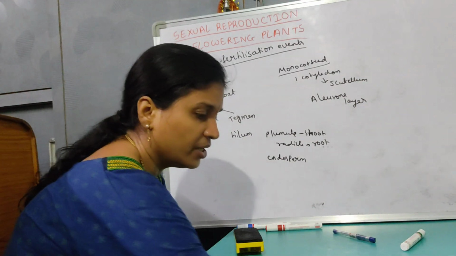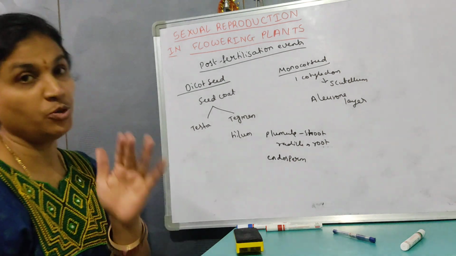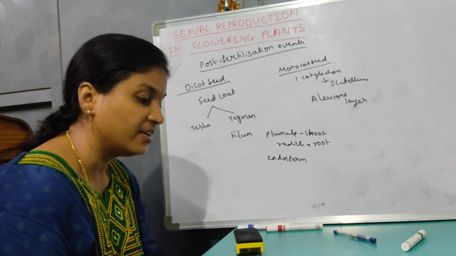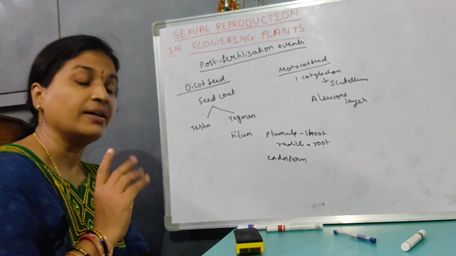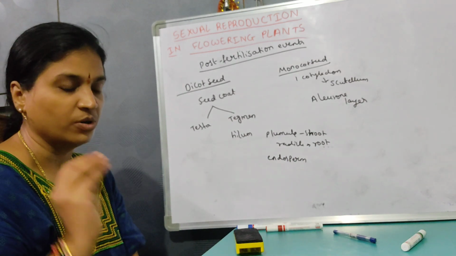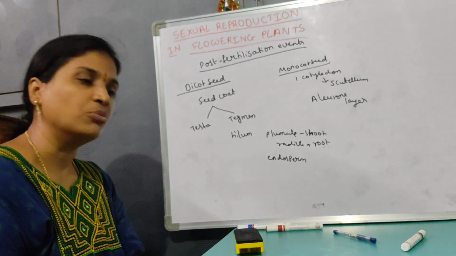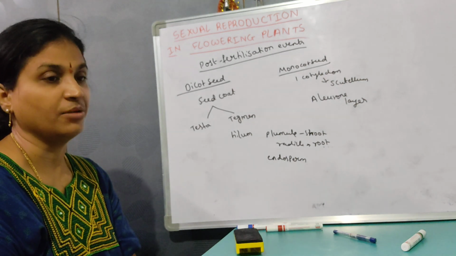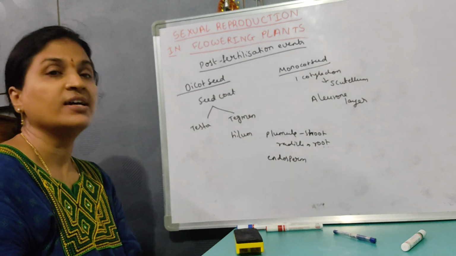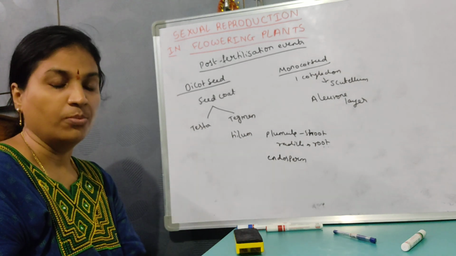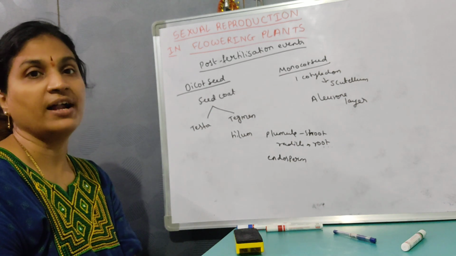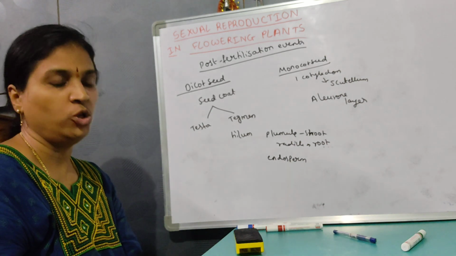Then here also plumule and radicle are there. Be careful: in both monocots and dicots, plumule and radicle are there. But in monocots, the plumule is covered by a sheath called the coleoptile, and the radicle is covered by an undifferentiated sheath called the coleorhiza.